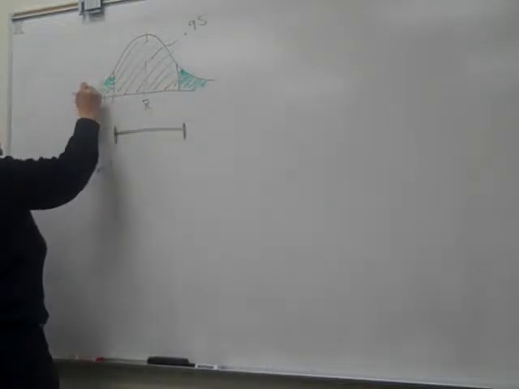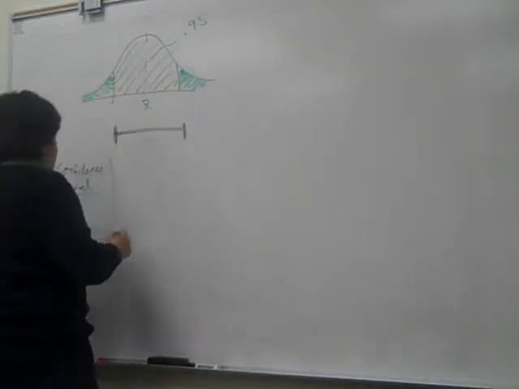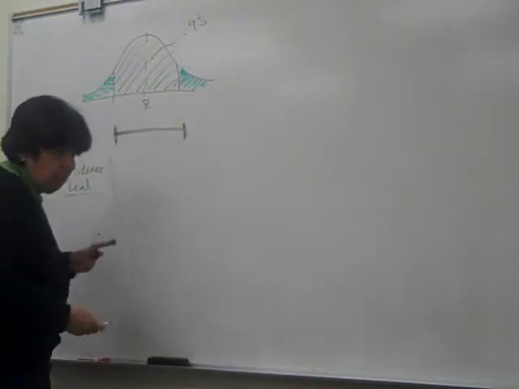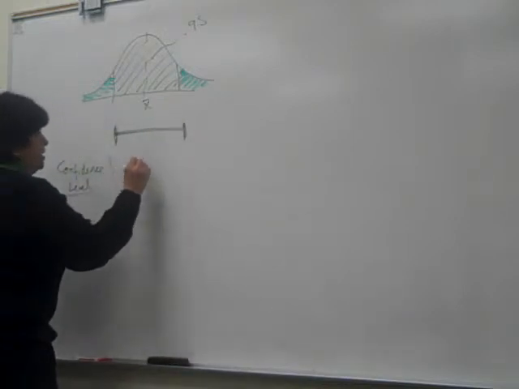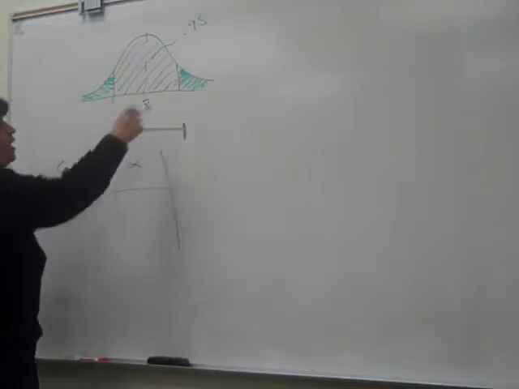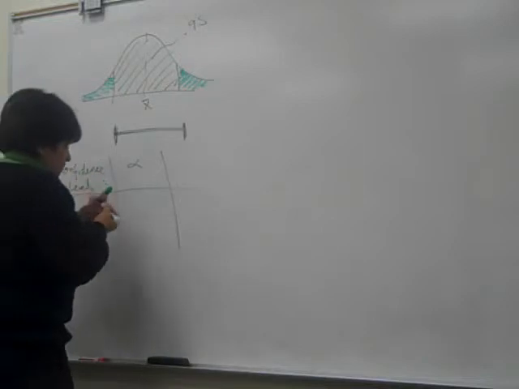So if that is 95, it means, and since everything is 1, that this over here is alpha, okay? Alpha is the complement of the confidence level.